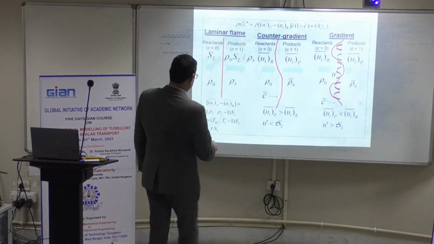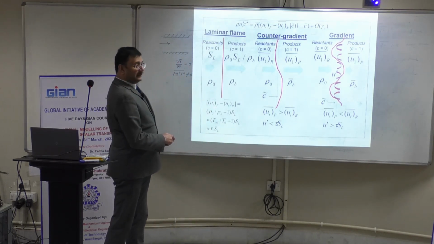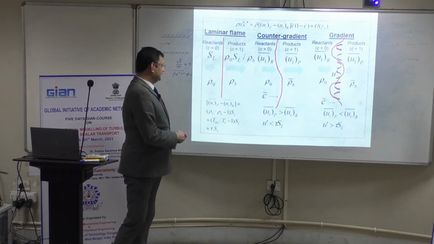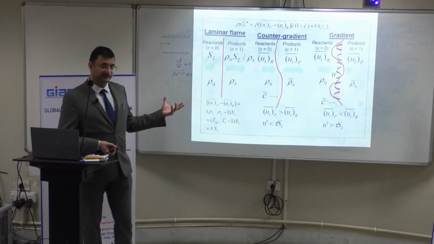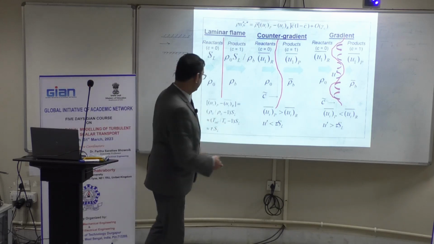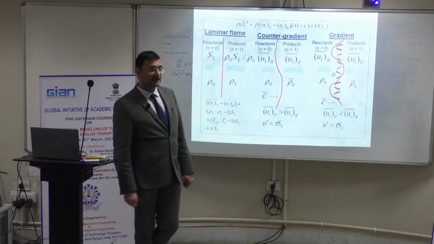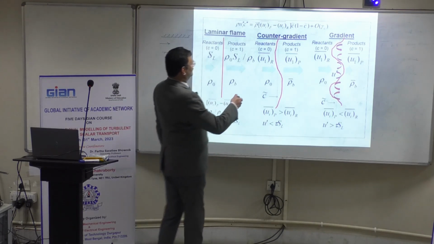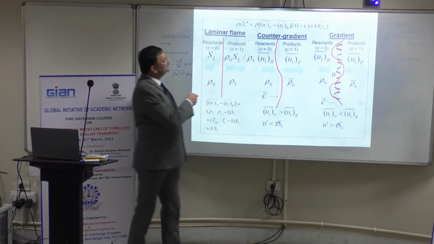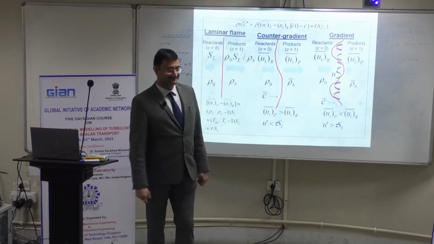So the difference of U_i b minus U_i r, that means conditional mean velocity in product minus conditional mean velocity of reactant, is of the order of tau times SL. This is a slight departure from this situation. Okay?